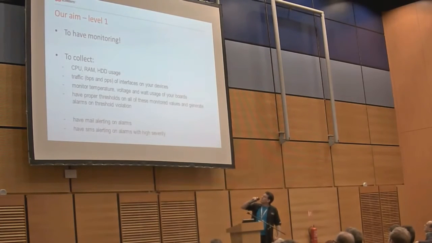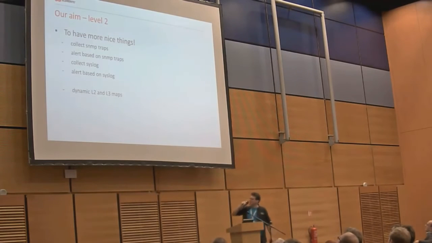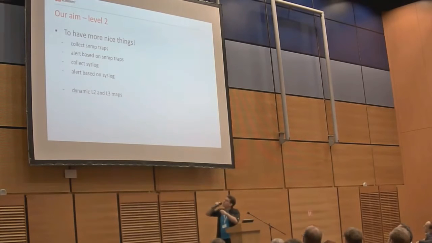So that was, again, our aim level 1, and our aim level 2, to have more nice things like collect SNMP traps, and then alert based on those SNMP traps, collect syslog and alert based on syslog messages and syslog severity, and a really nice thing to have is dynamic layer 2 and layer 3 maps.